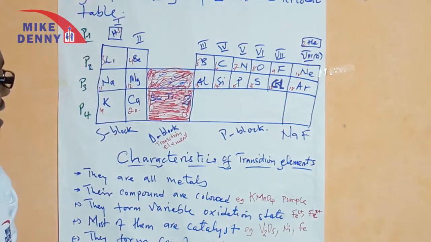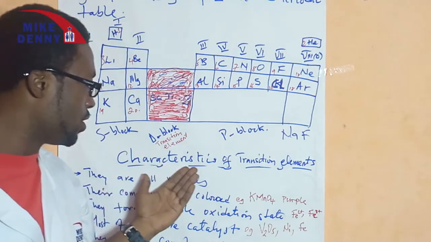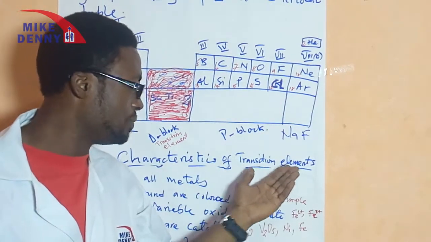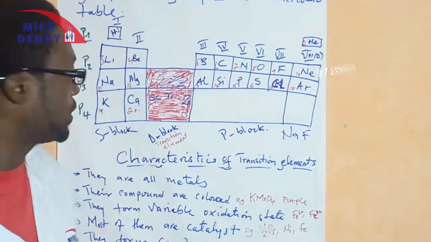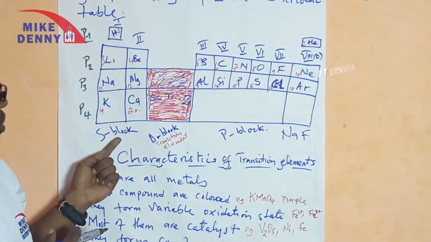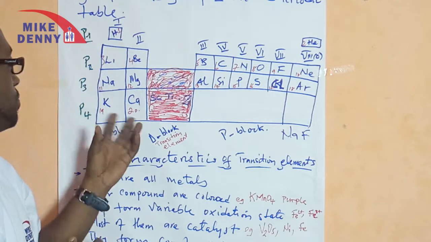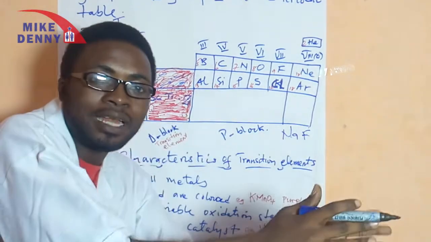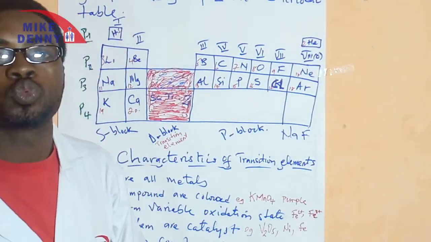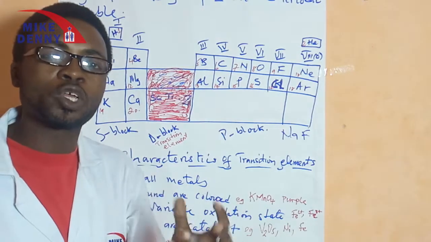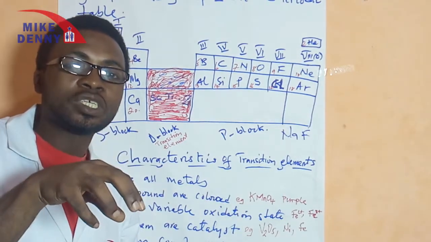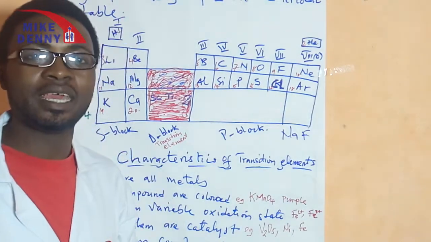Okay, we're going to look at the characteristics of transition element. Before we go to that, I had labeled here S block, D block, and P block. S block are the group 1 and 2. We put the S block because their last electrons are found in the S orbital.